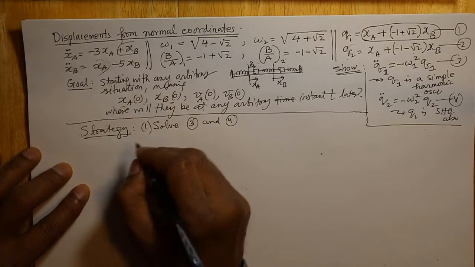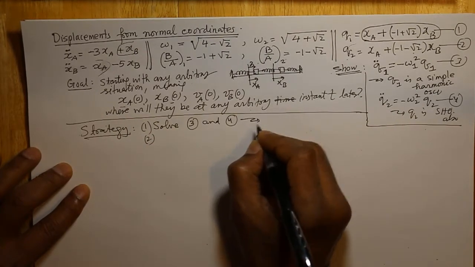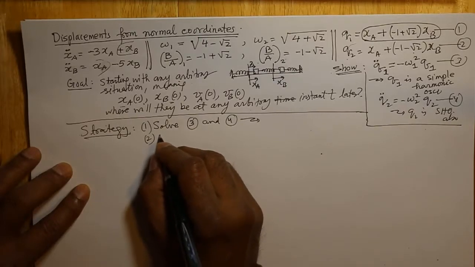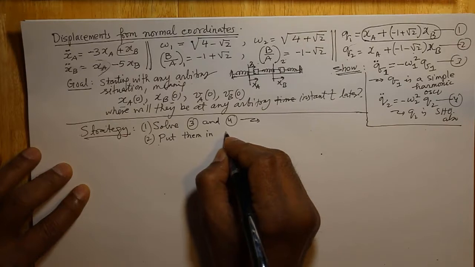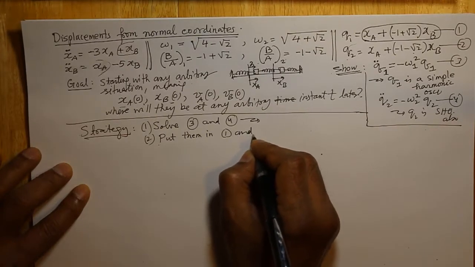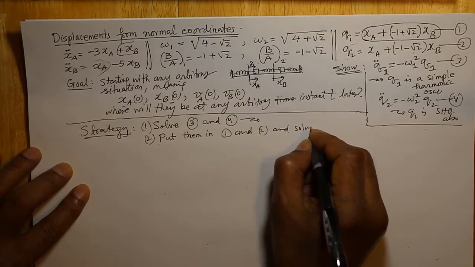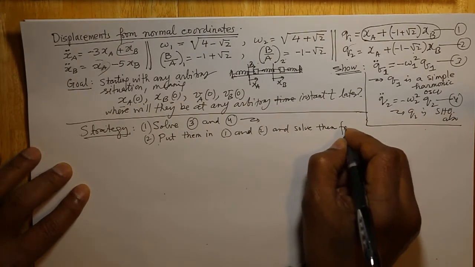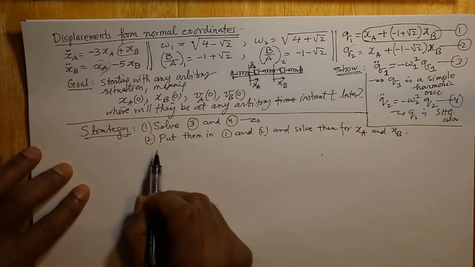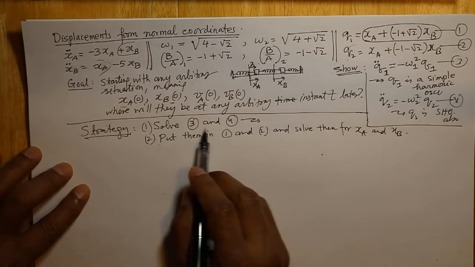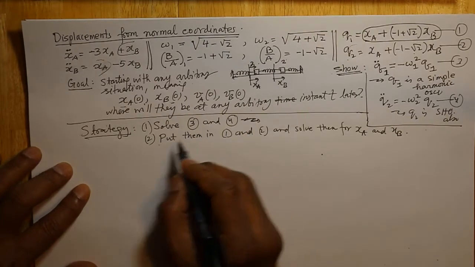Step 2 will be, put them in 1 and 2 and solve them for XA and XB. Makes sense, right? So let's see what the 3 and 4 solution looks like.